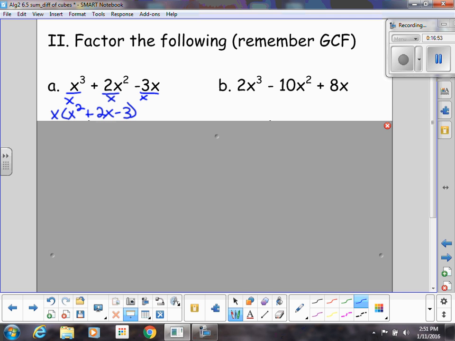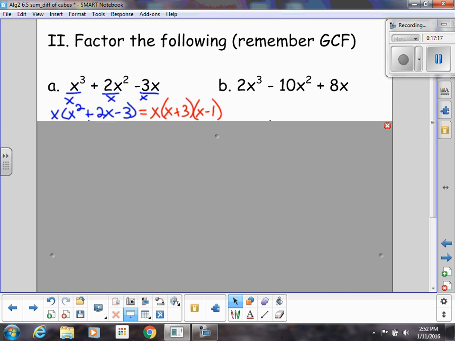Now I'm going to factor that. What two numbers multiply to give me negative 3 and add to give me 2? I'm going to keep my x out in front, but instead of a single parenthesis, I'm going to have 2 parentheses: x plus 3 and x minus 1. That's like what we did in Factor Bingo the other day.